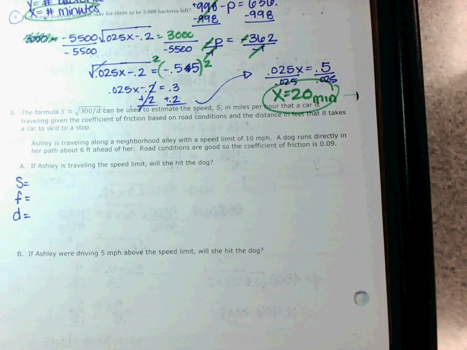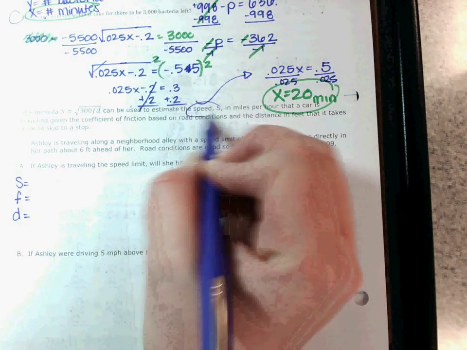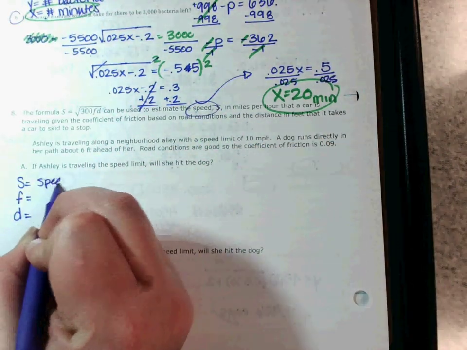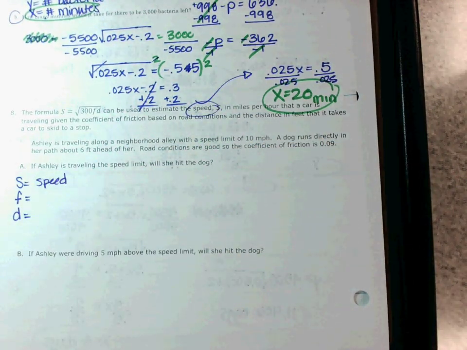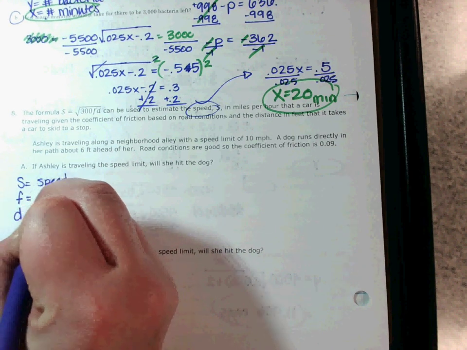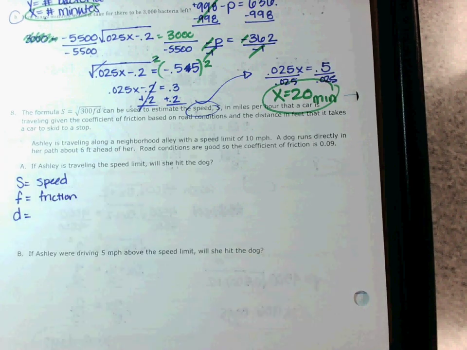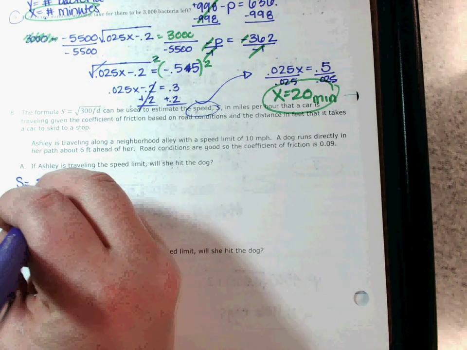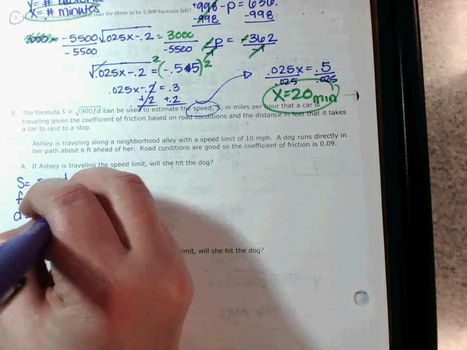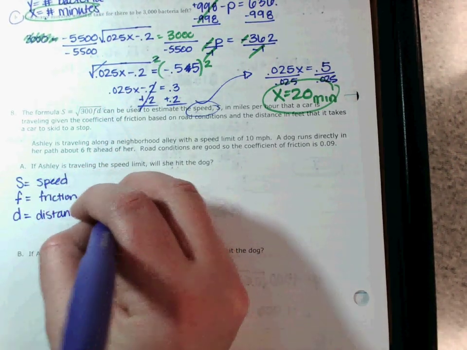S, it says, is used to determine the speed in miles per hour that a car is traveling, given the coefficient of friction, that's going to be my friction, and the distance in feet that it takes for a car to skid to a stop. So we'll put distance to stop.